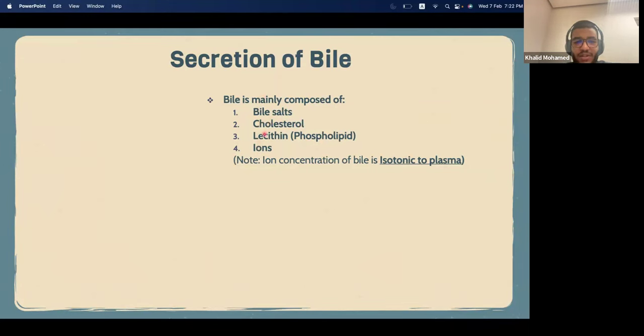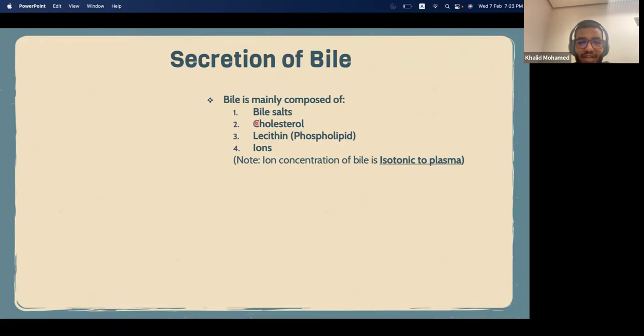Okay, so these are the composition of the bile fluid, and 80% of the organic molecules are bile salts. Ions are not organic, obviously. So it's mainly composed of bile salts with some cholesterol and lecithin, which are phospholipids. These are also important in micelle formation, and we'll come to know how later in the lecture.